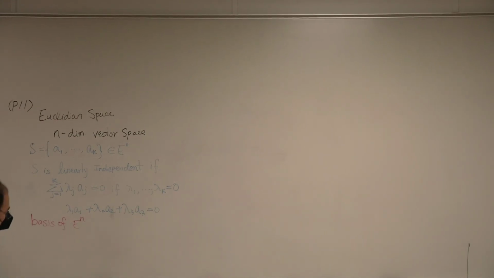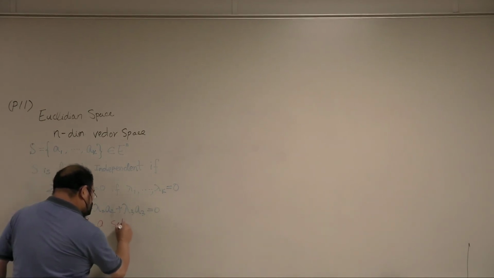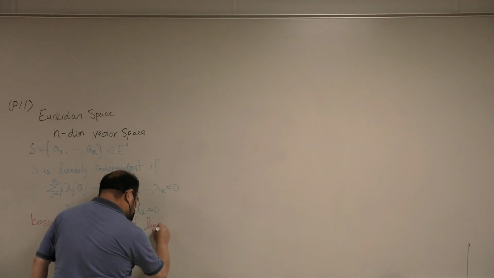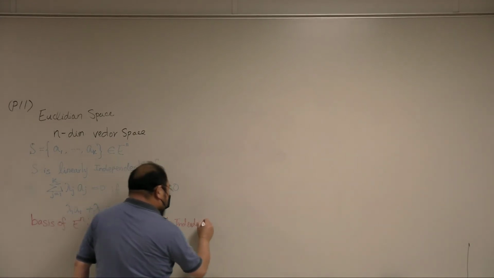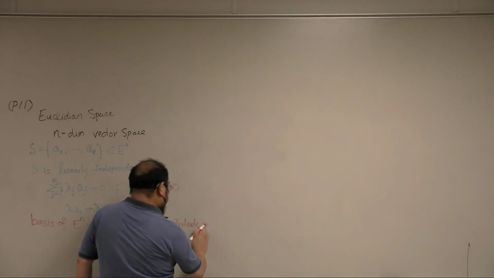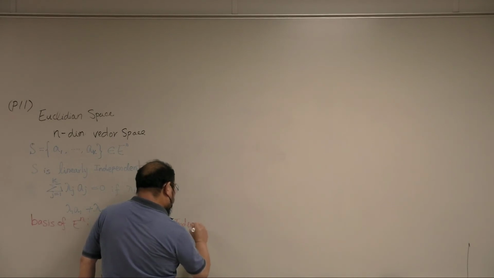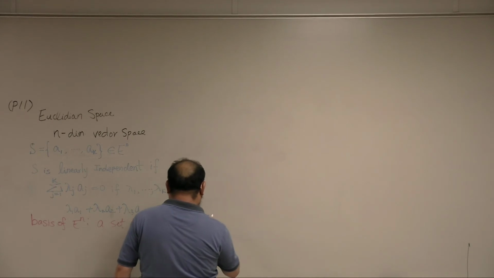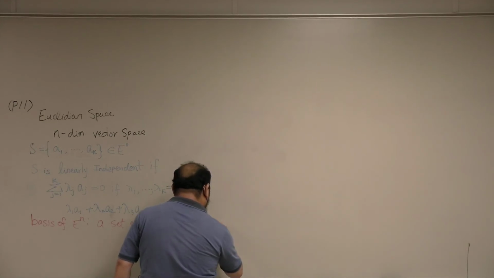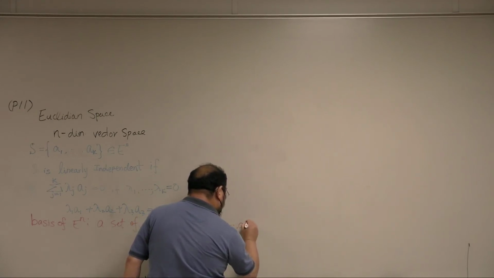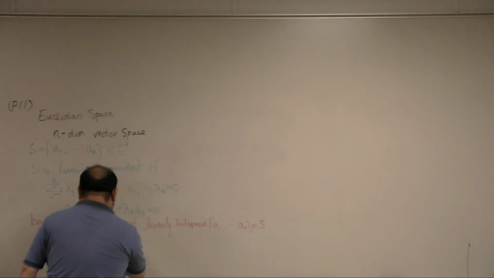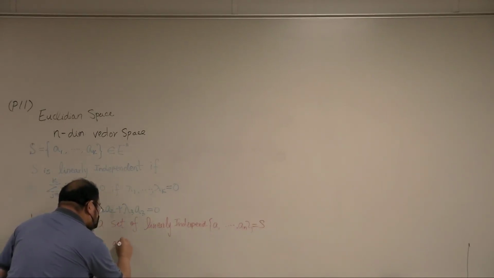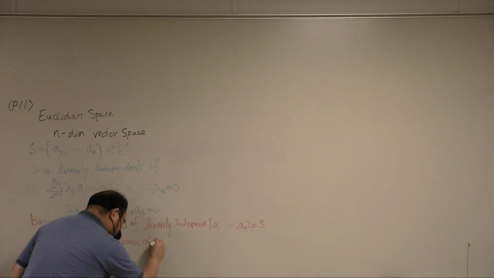It's defined as a set of n linearly independent vectors, and we call the set S a basis of En.